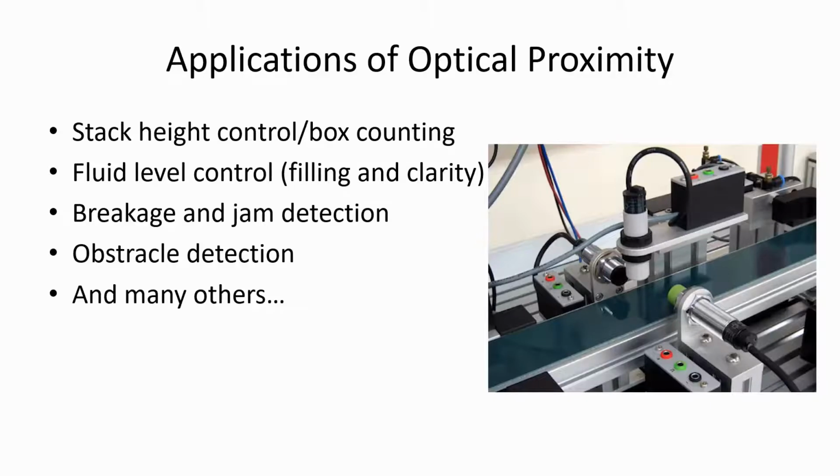Then next, it is used in fluid level control. Then breakage and jam detection. For that purpose also this can be used. Also it is used for obstacle detection and many other similar applications.